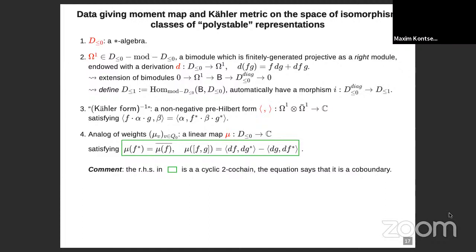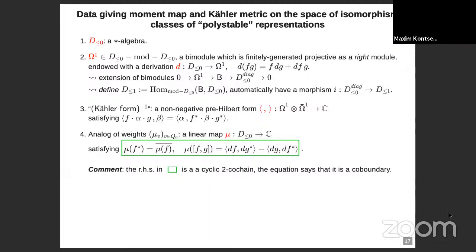Now I want to say something which will be analogous to the inverse of the Kaehler form on a non-commutative space. I consider a pre-Hilbert form or pairing on omega 1, which is compatible with the bimodule structure in the way which I wrote in this axiom 3.